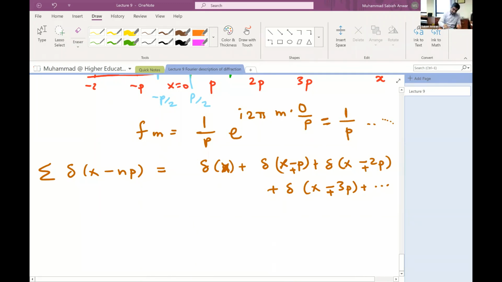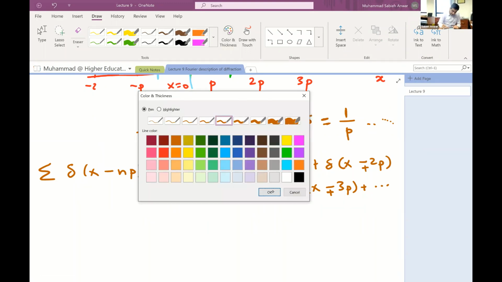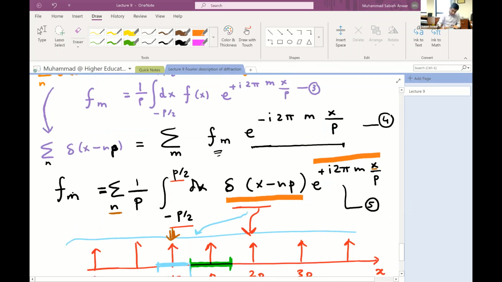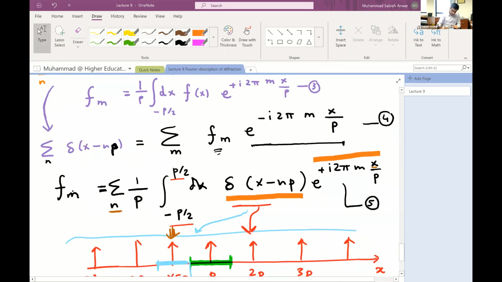So coming back to the Fourier expansion of my train of pulses, look at equation number 4. I have f m equals 1 over p all the time. That's it.